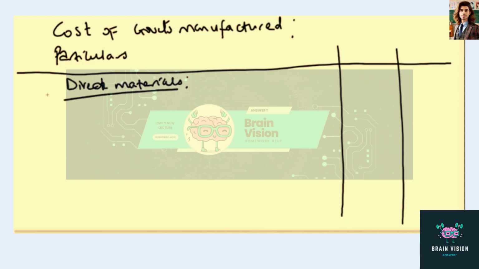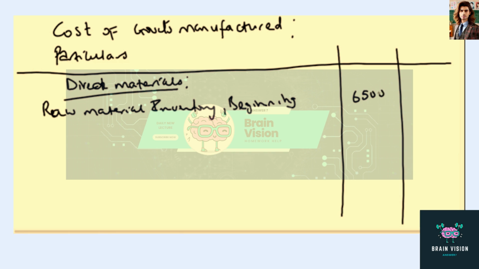And then we have raw material inventory for beginning. And that's 65,000.